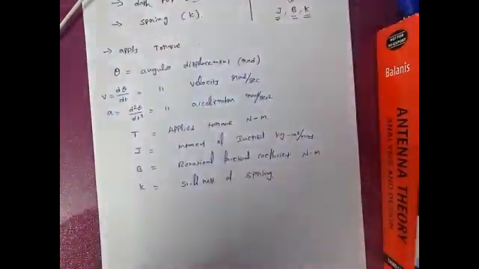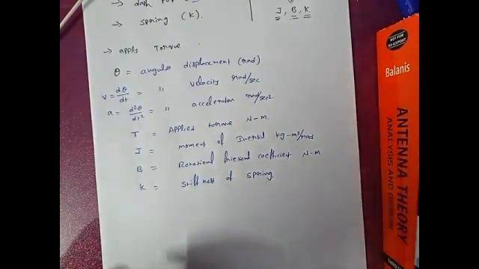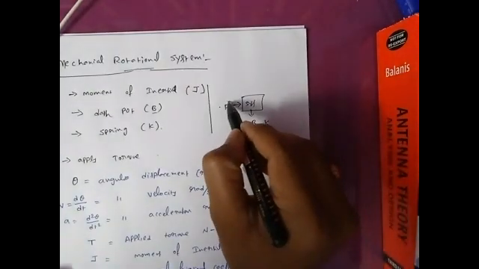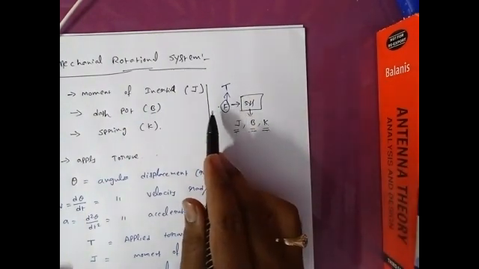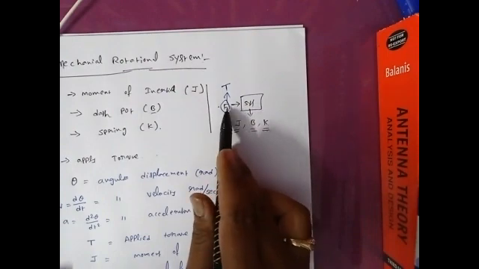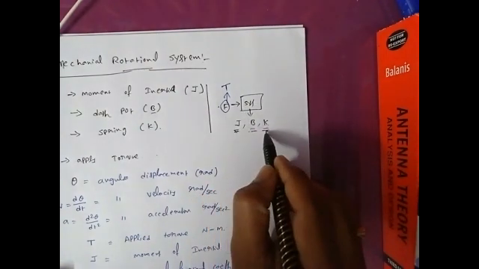Now we'll see the mathematical equations. That is why we need the mathematical equation. If we apply a force, in terms of torque here, the torque will be opposed by these three elements of a system.